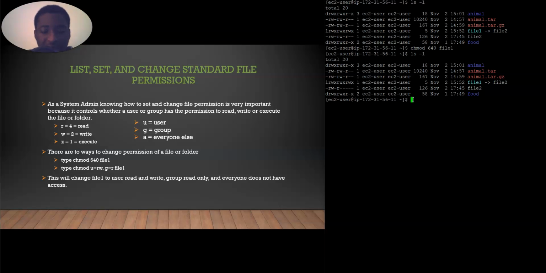You can also use alphabet to change the permission of the file by typing chmod u for user, r for read, w for write, comma, group, g for group equals read and write, and for everybody else use o equals read and write, and specify the file name.